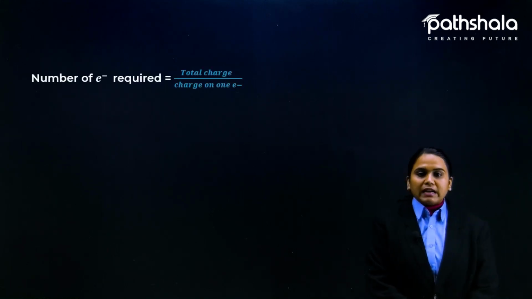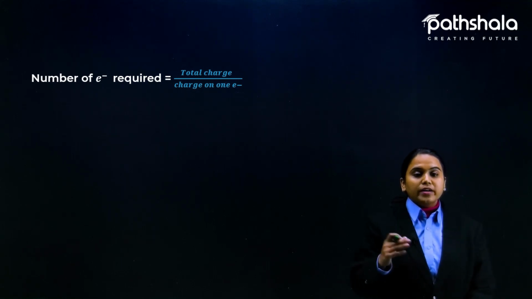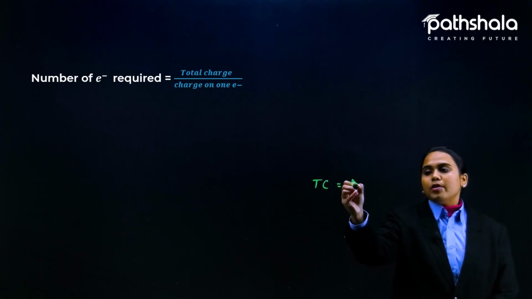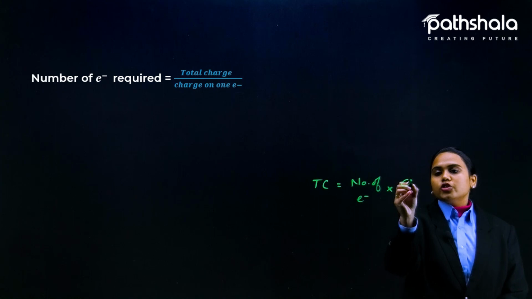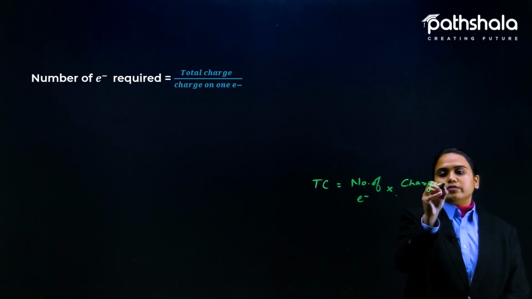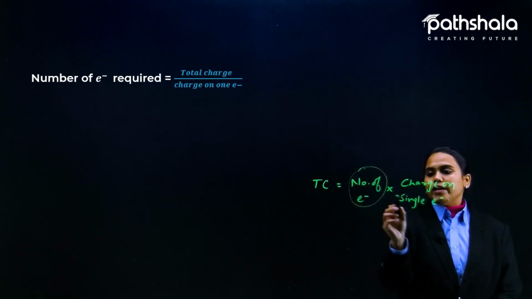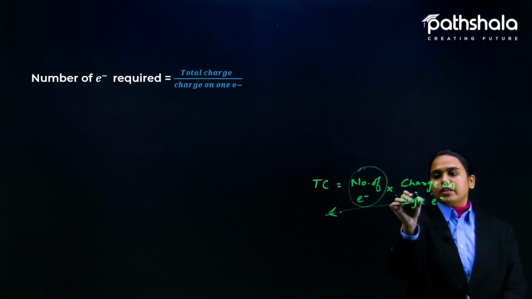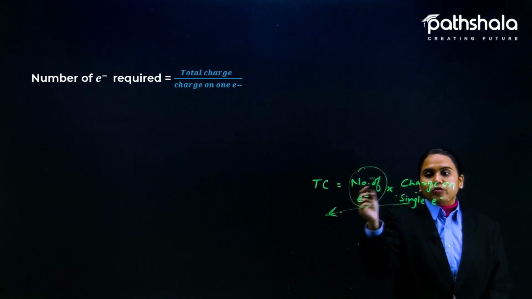Here we need to find the number of electrons required, and we earlier learned that total charge is equal to the number of electrons required multiplied by the charge on a single electron. So to find this value, we need to shift this term to the other side, and it will become a division.